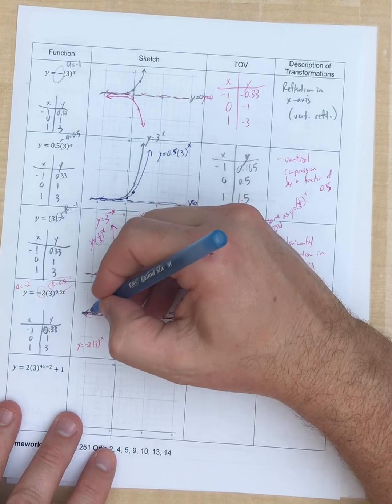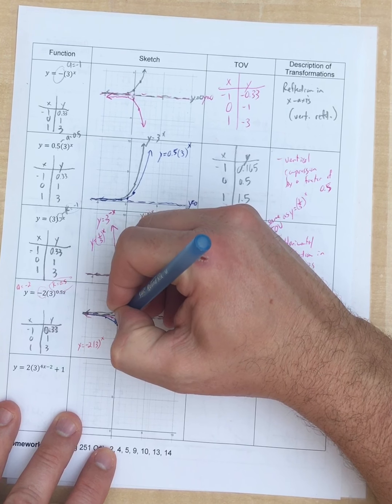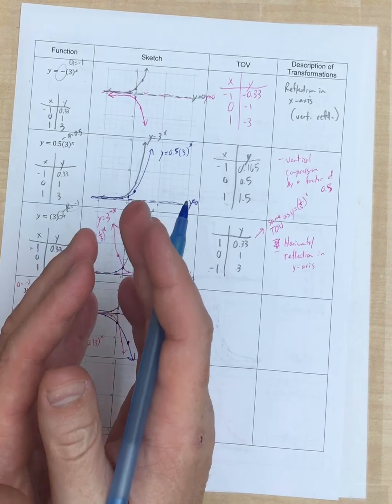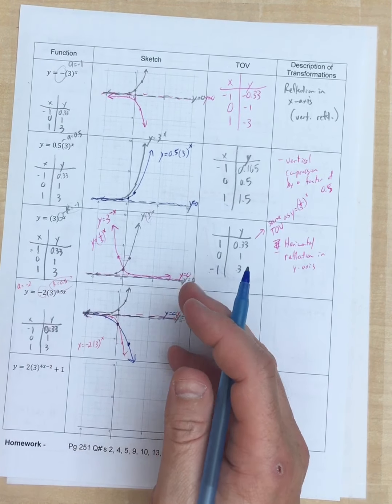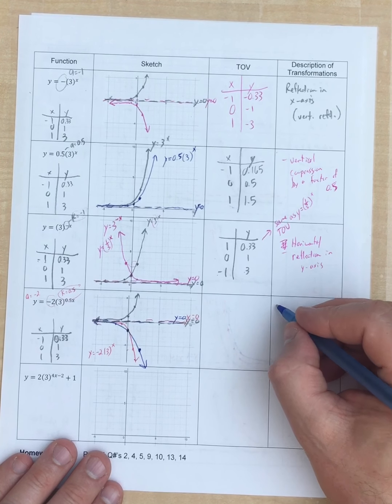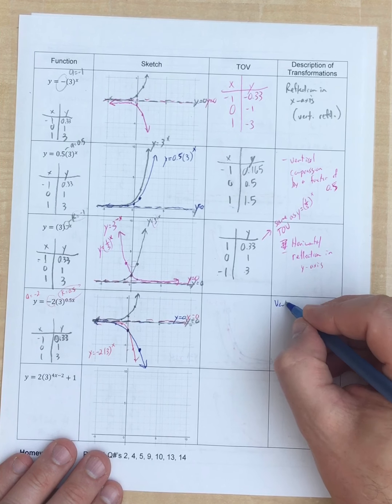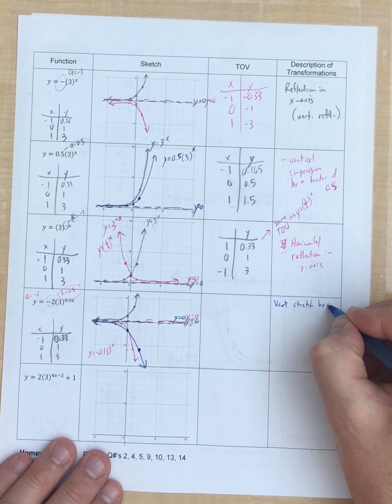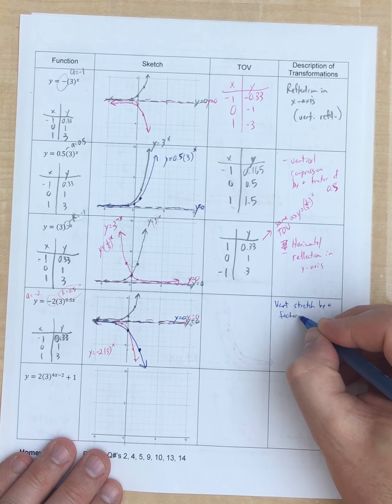Pretty ugly looking, really, the asymptote, but at least you get an idea that the asymptote hasn't moved. And what you're going to get is the function stretching out that way and stretching out this way. So it's going to be a horizontal stretch. Okay? So we get a vertical stretch by a factor of 2.